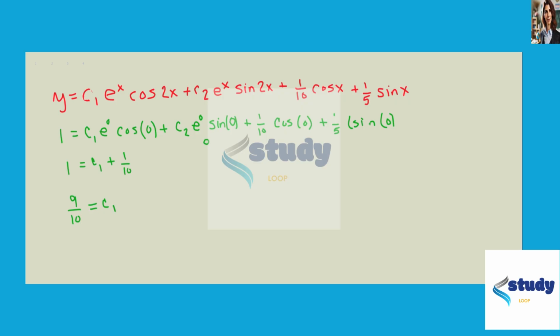So that's going to go in for my C1. Now to find my C2, I have to take the derivative and substitute in 1 for my y prime and 0 for my x. So my derivative, y prime, equals 9/10. I have to do the product rule.